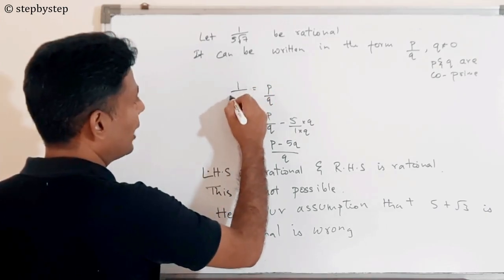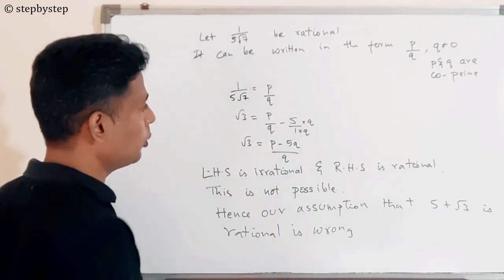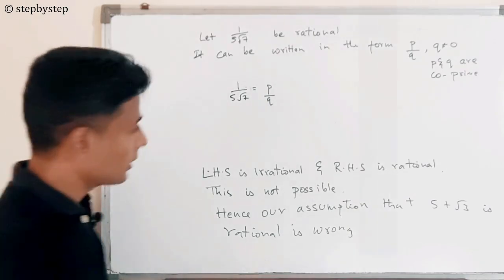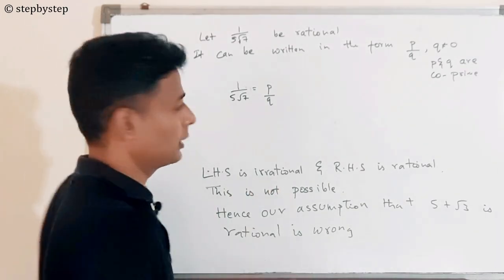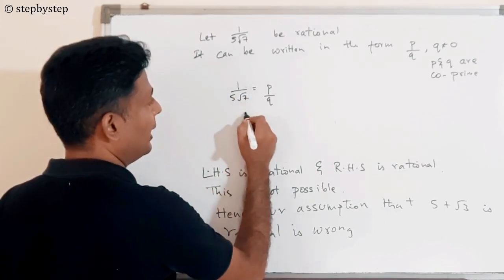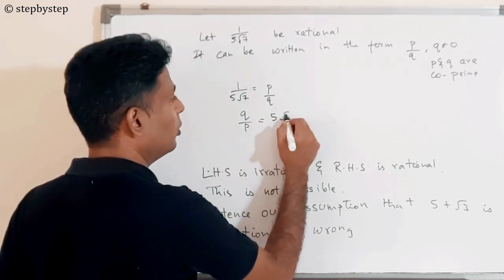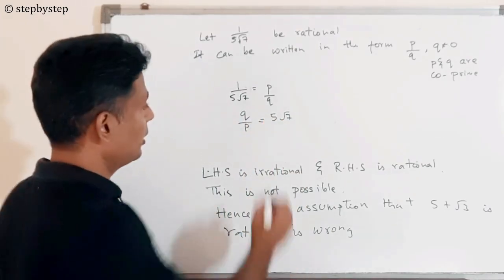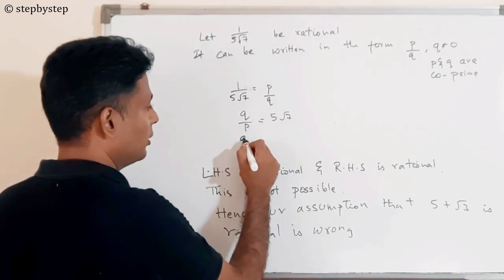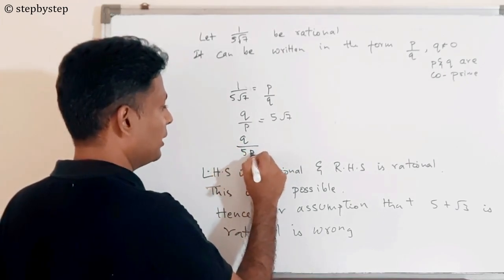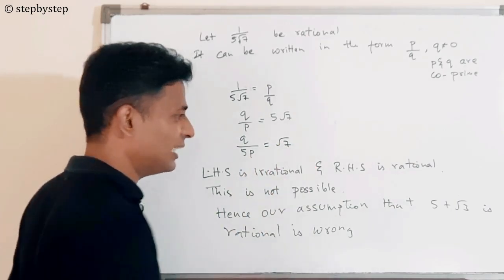We get 1 by 5 root 7 equal to P by Q. Now all we have to do is transpose. So I'll take Q on this side, P there. So Q by P equal to, when I take 5, it will become 5 root 7, right? Now all I'll do is transpose 5. So Q by 5P equal to root 7.